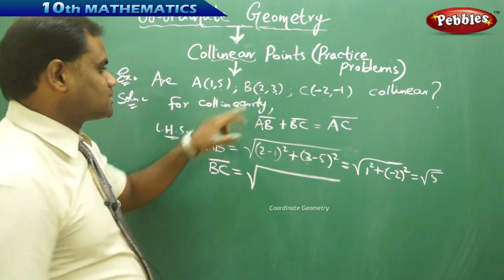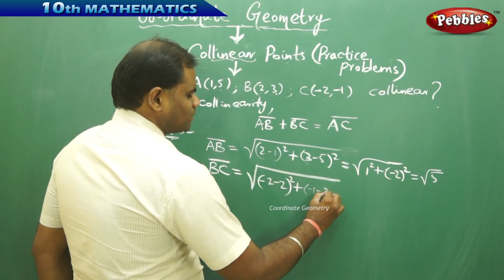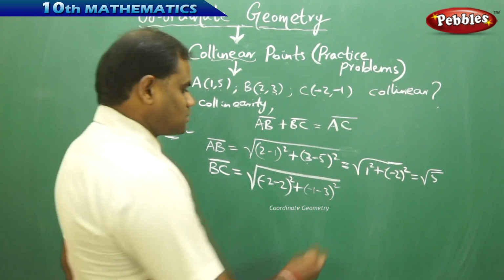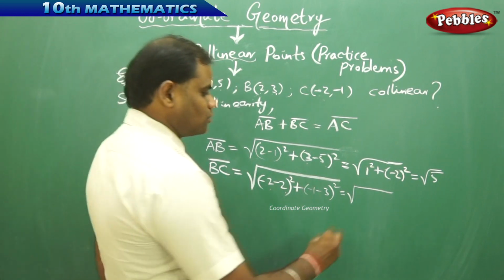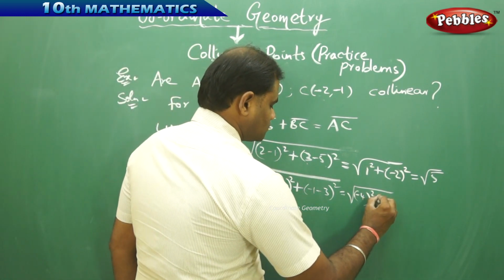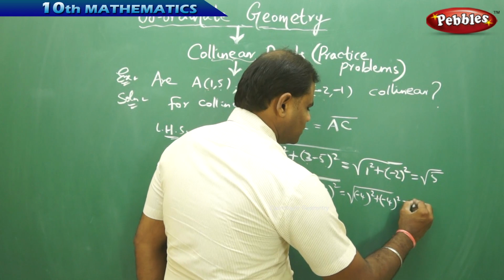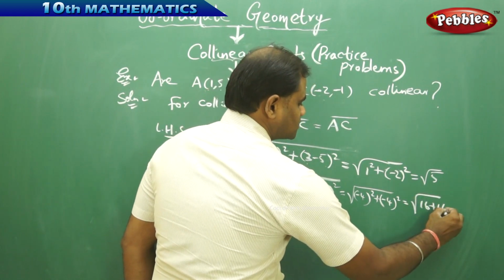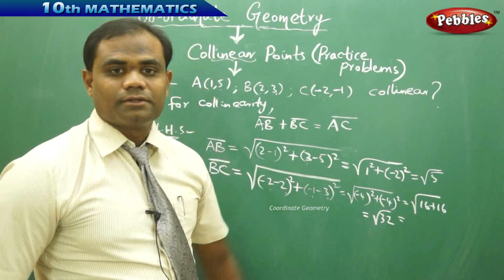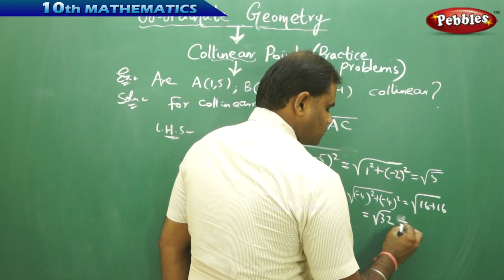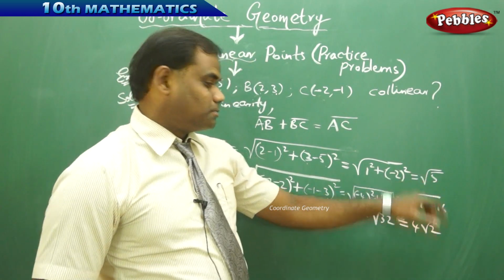So root of (x2 minus x1) whole square plus (y2 minus y1) whole square, which on simplification gives me (-2 minus 2, which is -4) whole square, plus (-1 minus 3, which is also equally -4) whole square, which gives me 16 plus 16, which is root 32. On simplification, this is nothing but 16 twos, 4 root 2. So I get this to be 4 root 2 and this to be root 5.